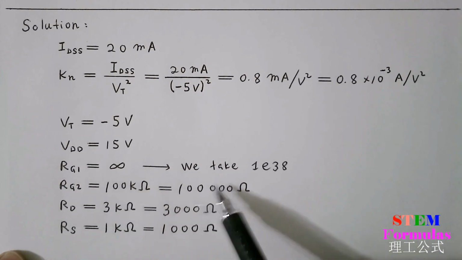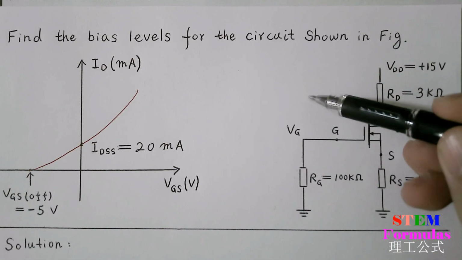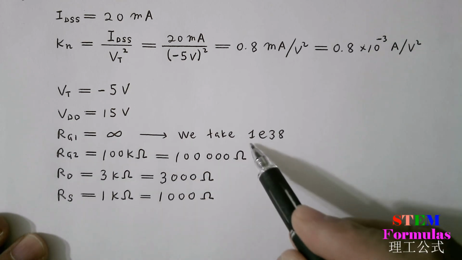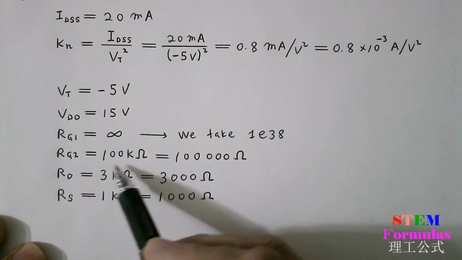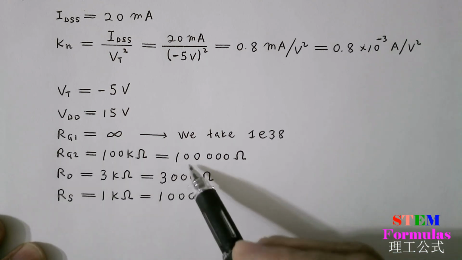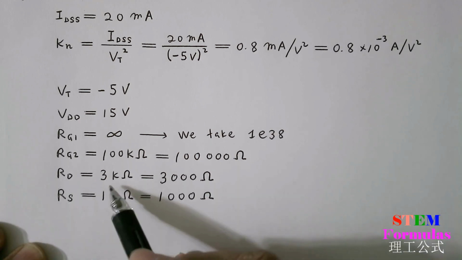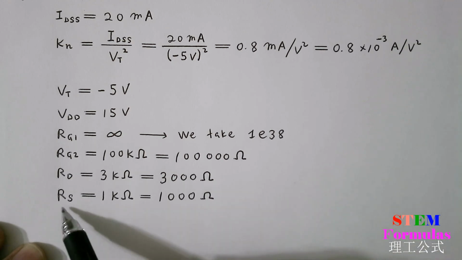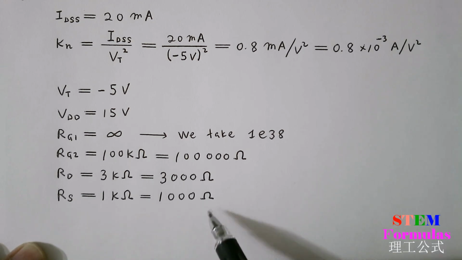RG1 equal to infinite, so here is open circuit. In Matlab code, we take RG1 as 1 times 10 to the 38. RG2 equal to 100 kilo ohm, 100,000 ohm. RD equal 3 kilo ohm is 3000 ohm. RS equal 1 kilo ohm is 1000 ohm.